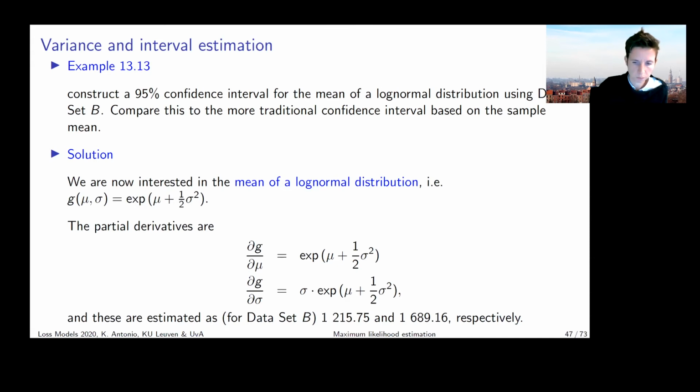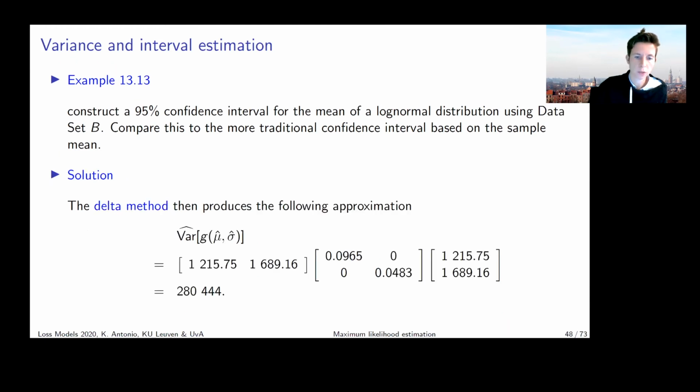And what we then need, the second element in this delta method, is the variance, or in this case, the covariance matrix that comes with our estimators for mu hat and sigma hat. But that's something we already derived in the previous example.